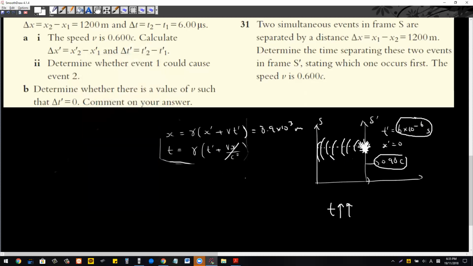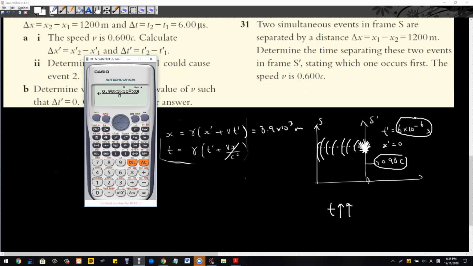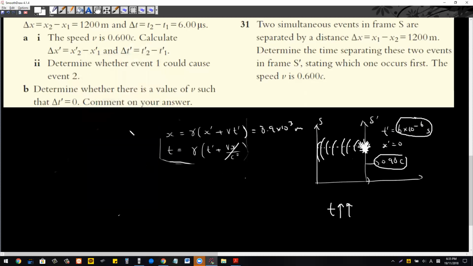Yeah. So if you just do that, that's just the time. So actually, this simplifies down to, this is question 27, by the way. Yep. Time is simply t dash over root of 1 minus v squared over c squared. So this is essentially time dilation, isn't it?